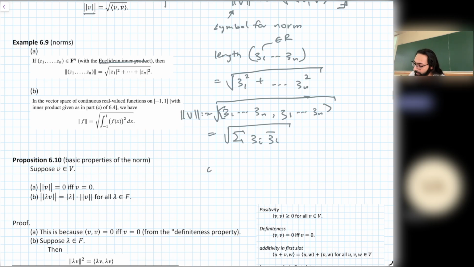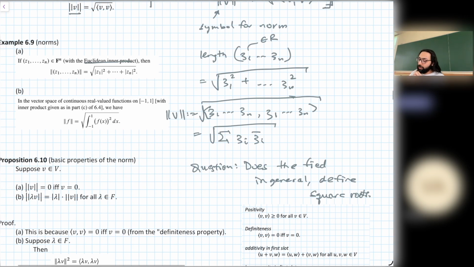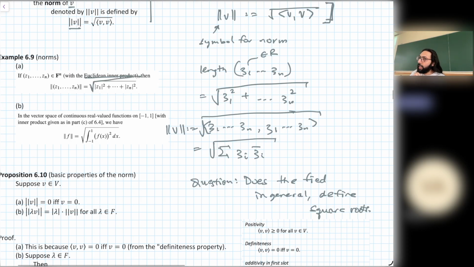That's a good question. The question was, does the field in general define a square root? I think it should, but I need to double check. We're using the square root here, and when we defined the field, I forgot the exact definition, but I remember there were inverses and things.